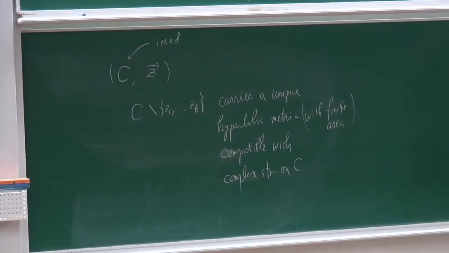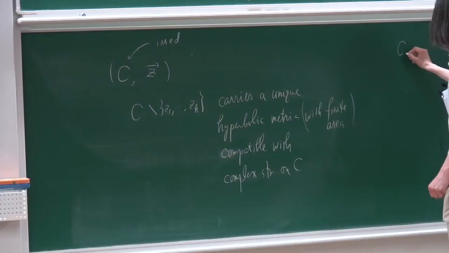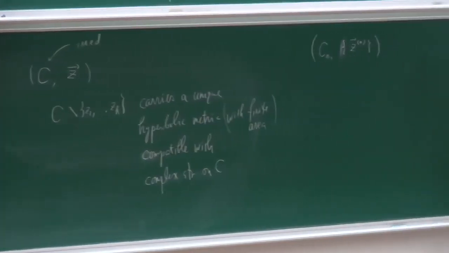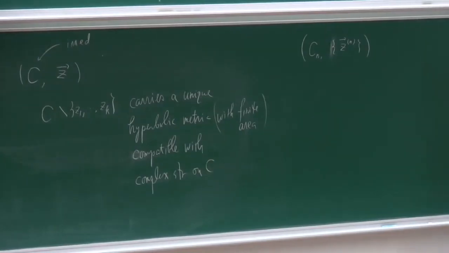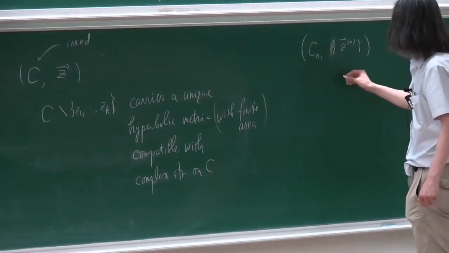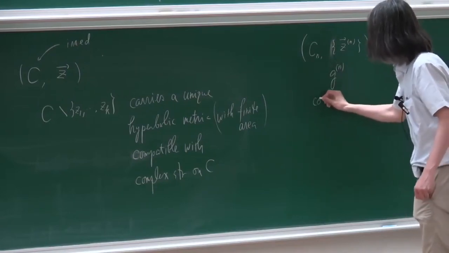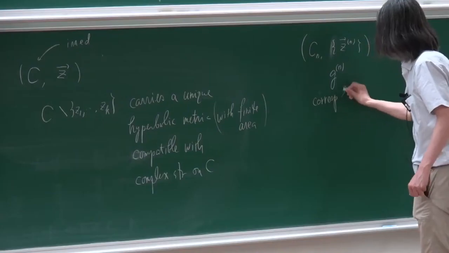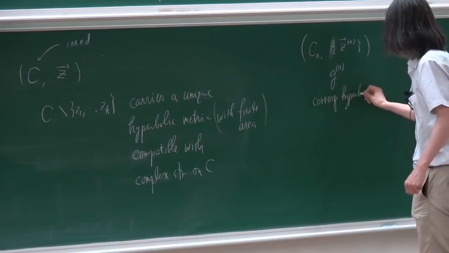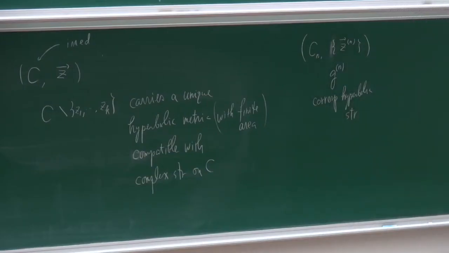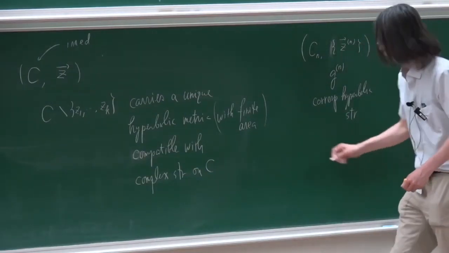And so now I have a sequence of these Cn, maybe Zn. So I have a sequence of stable curves, and then I have a sequence of hyperbolic metrics corresponding to this. So Gn is the corresponding hyperbolic metric with cusps, with finite area.